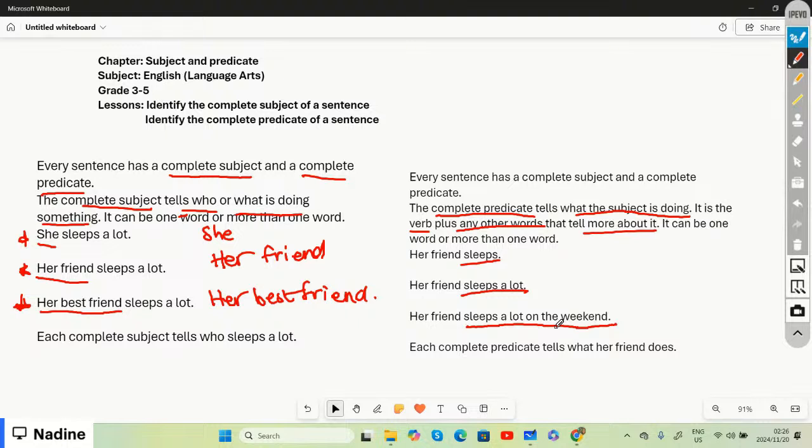All right. And if you look at all three of those sentences, her friend sleeps, her friend sleeps a lot, her friend sleeps a lot on the weekend, each one of those is a completed sentence. So sleeps, or sleeps a lot, or sleeps a lot on weekends, anything that tells us what the person is doing, is the verb plus any other words that come after the verb.